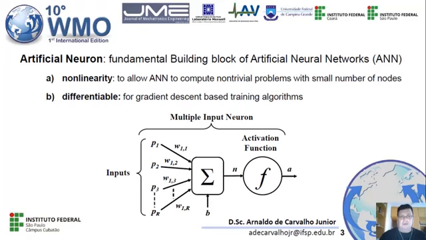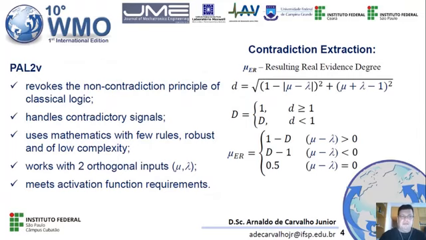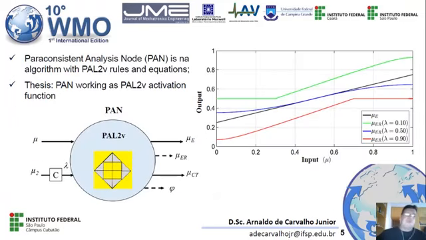I present how to calculate the derivatives of this function in my thesis, and so all the rules of the PAL2V logic can be written in the form of an algorithm, and it receives the name PAN, Paraconsistent Analysis Node. In this symbol of the PAN, you can see both inputs and some of the PAL2V outputs, and one is the mu ER that I used in my thesis.